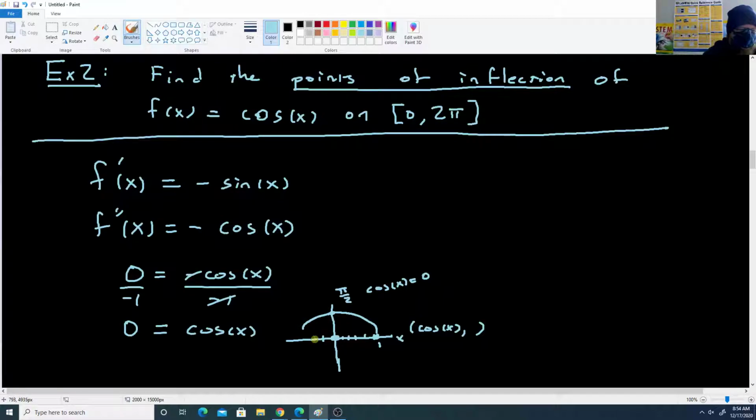We're getting more and more negative, till eventually we get down here at negative 1. That's not where cosine of x equals 0. This is where cosine of x is negative. We continue back around, we get less negative, and we come back to 0 down here. So at 3 pi over 2, cosine of x is 0.